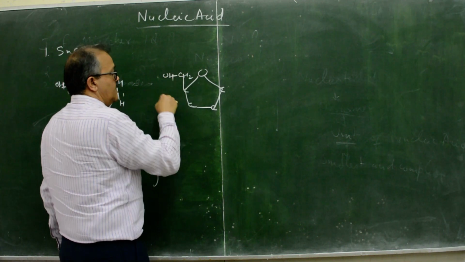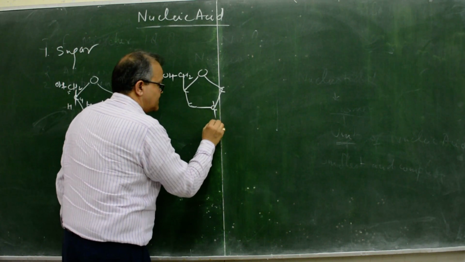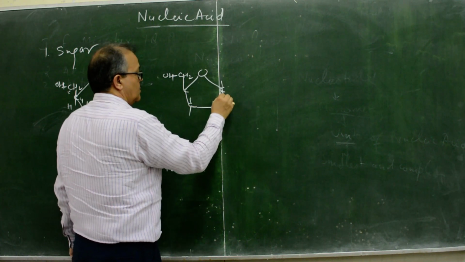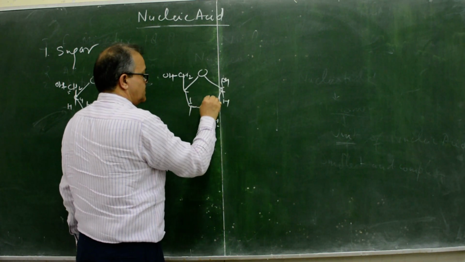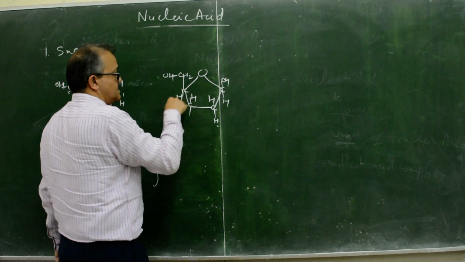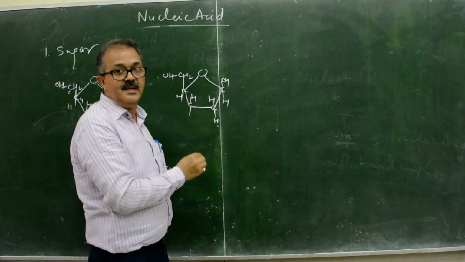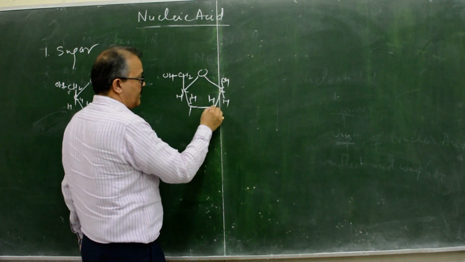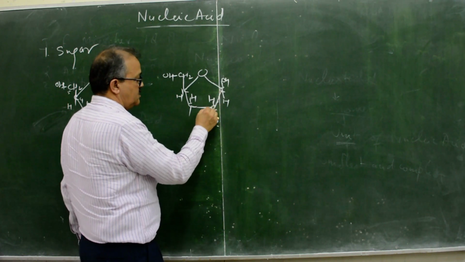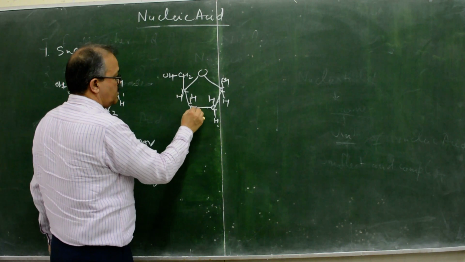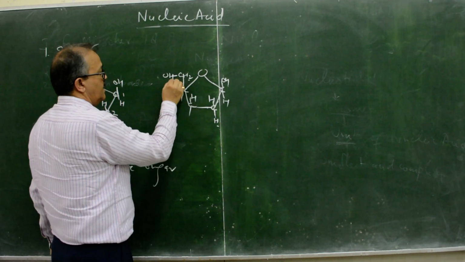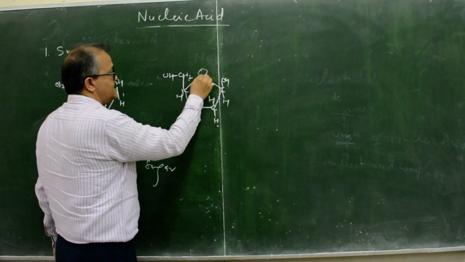CH2OH. You see here, if there is absence of oxygen, OH, H. Carbon has 4 valency, 1, 2, 3, 4, and oxygen has 2 valency.